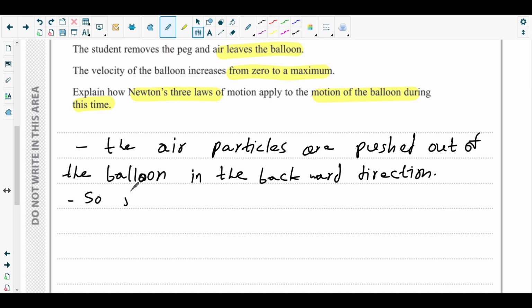So from Newton's third law of motion, what we can say?